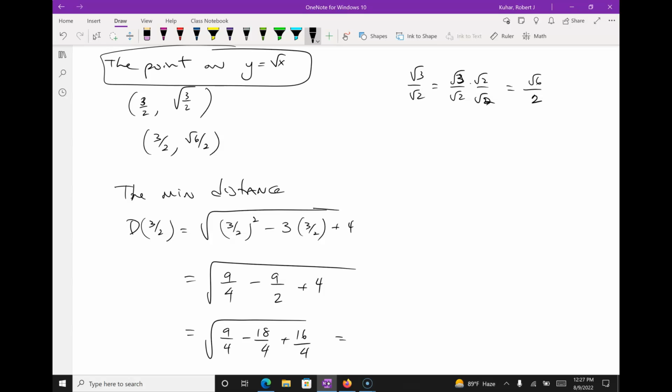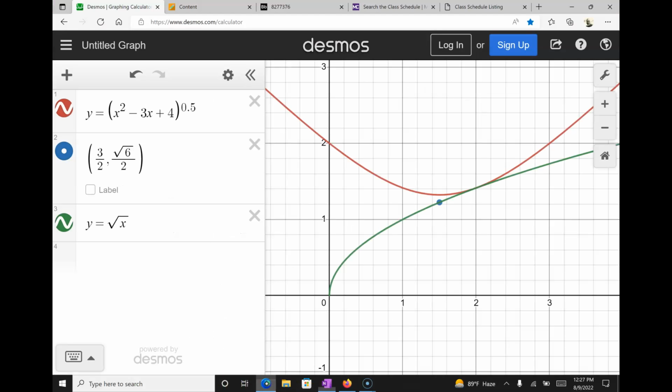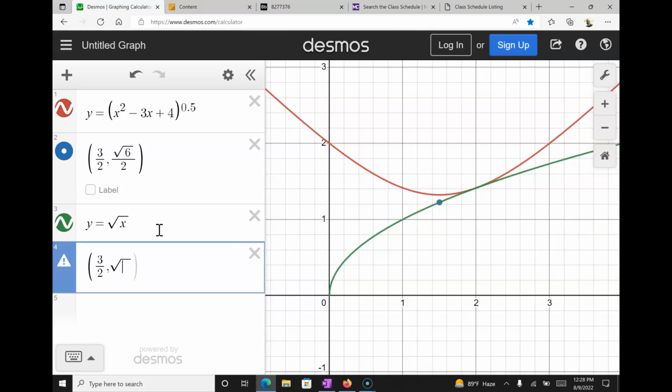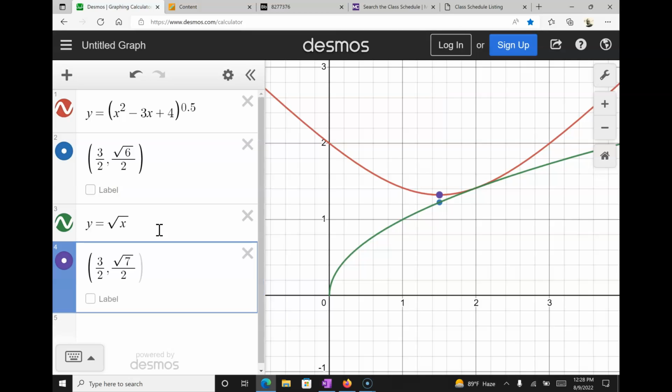So 7, yes, square root of 7/4 or square root of 7 over 2. That should be the min point on the distance formula, right? Is that making sense? I know it's confusing you a little bit there, but I'll put that one in. So 3/2, comma, square root of 7 all over 2. There's the min distance.